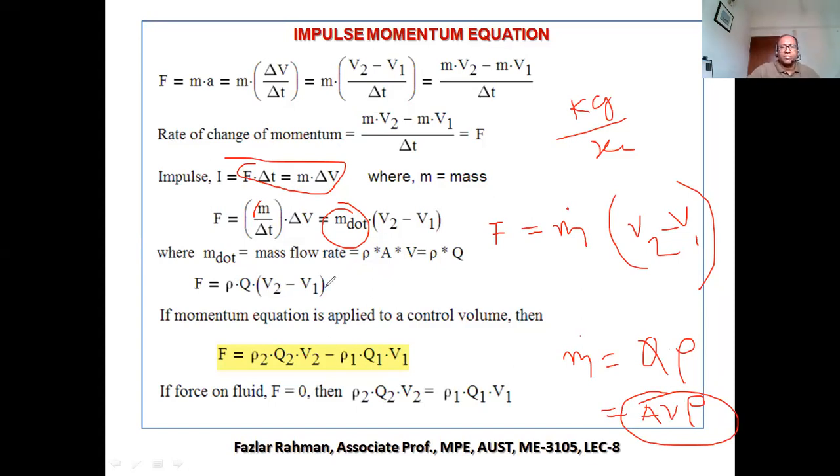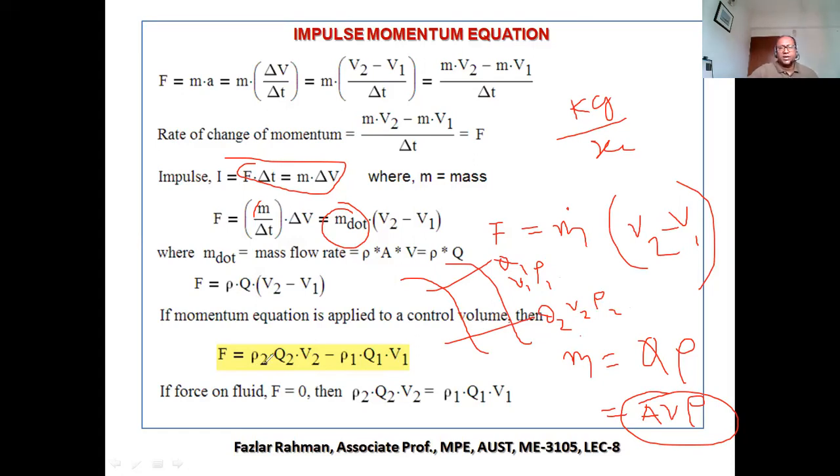So if you apply this to a fluid, you can say F equals, in a control volume where Q is different at two points, right over here you have Q1, V1, rho 1, and right over here you have Q2, V2, rho 2. In that case, how much will be the force on the pipe?